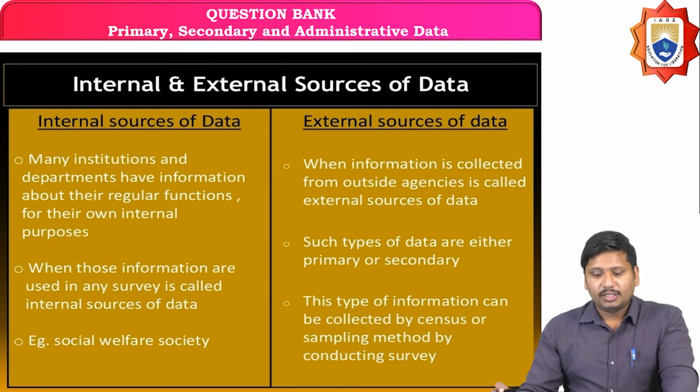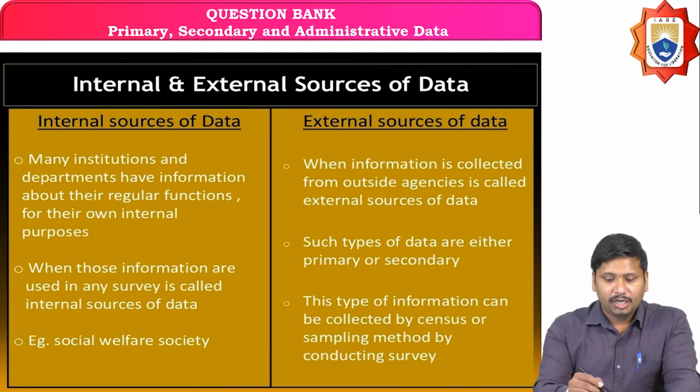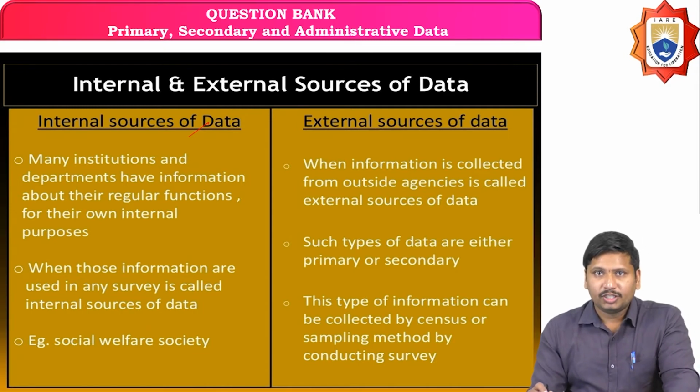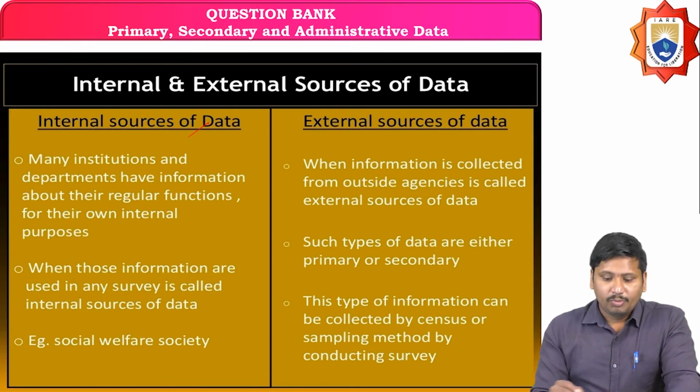If I consider internal and external sources of data, let me take internal sources first. Many institutions and departments have information about their regular functions for their own internal purposes. When that information is used in any survey, it is called an internal source of data. For example, a social welfare society.